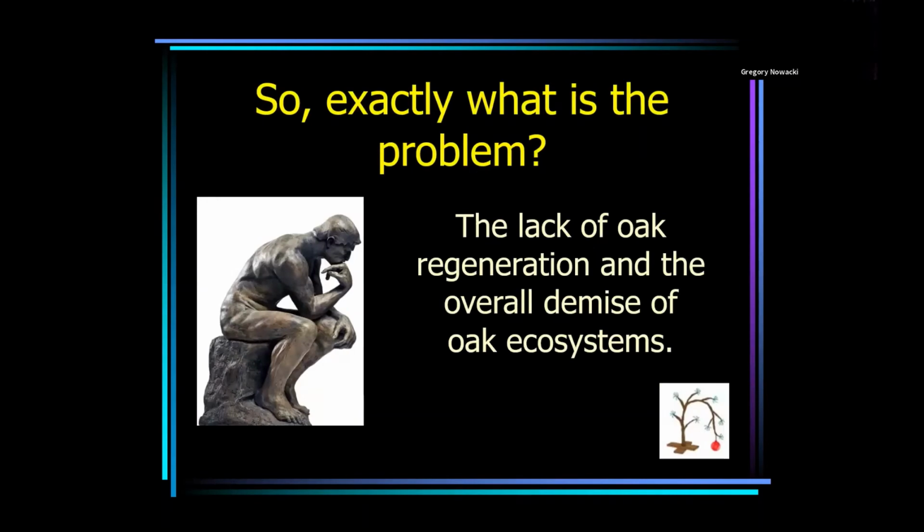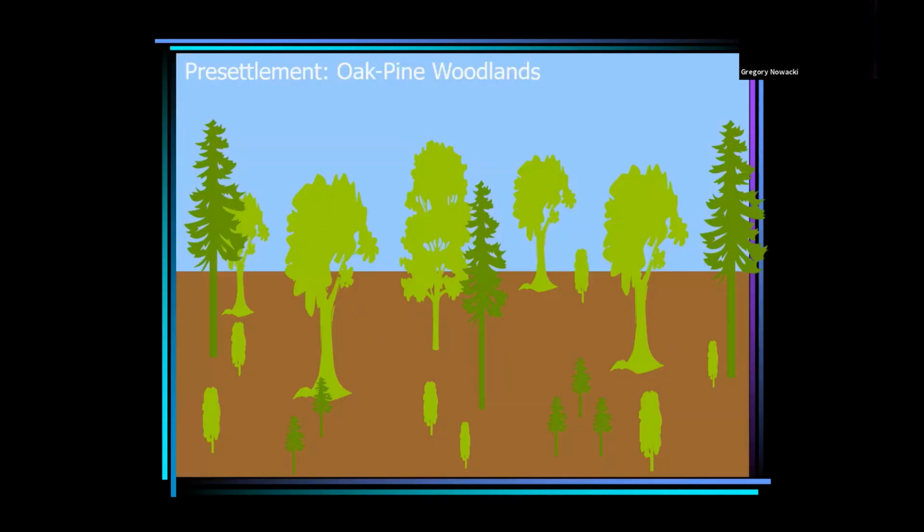So exactly, what is the problem here? It's basically the lack of oak regeneration and the overall demise of oak ecosystems. And this is ubiquitous across the eastern United States. So it's probably best to start at the beginning. Let's look at pre-settlement conditions.